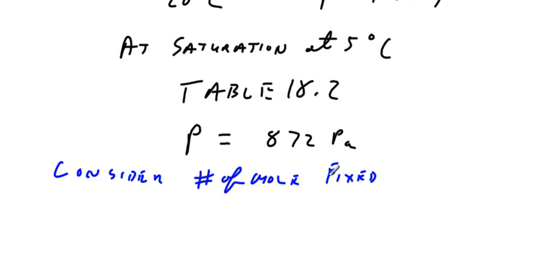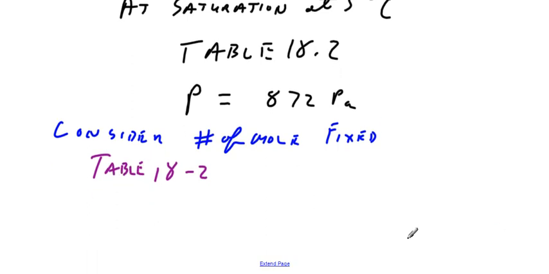Okay, then we're going to look back in table 18.2 again, and I'm going to look at what is saturation at 20 degrees centigrade. So at 20 degrees centigrade, I'm going to be at 2330 pascals. And then I say, well, what's going to be the new relative humidity if I bring that water from the other room into this room?